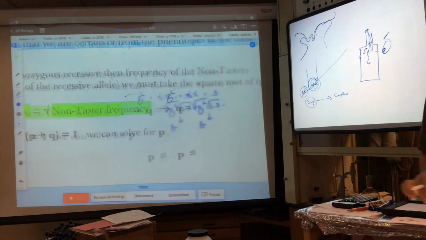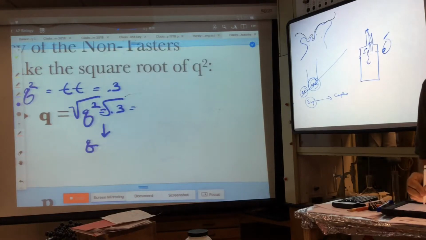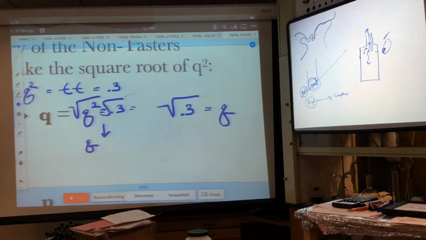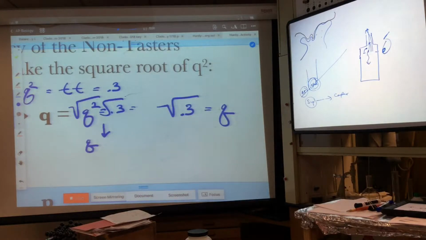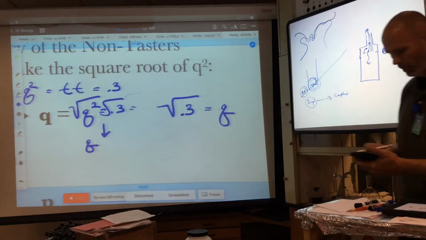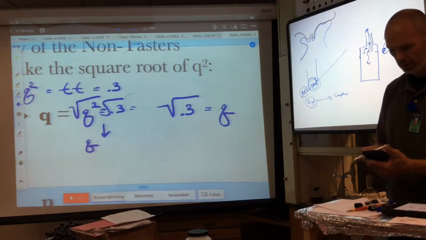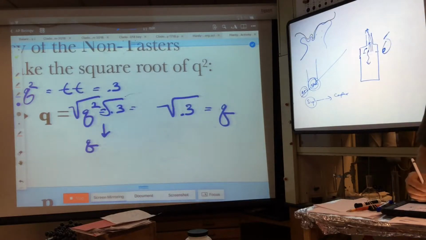So let's do that. The square root of 0.3 is going to equal my Q. Remember, 0.3 is equal to Q squared. So to get Q, you square root both sides. So I take my calculator, and I do square root of 0.3, close my parentheses, and I get Q equal to 0.5477.